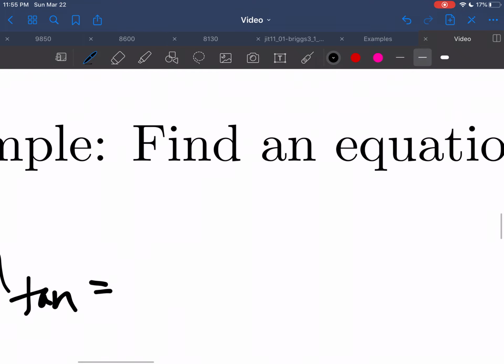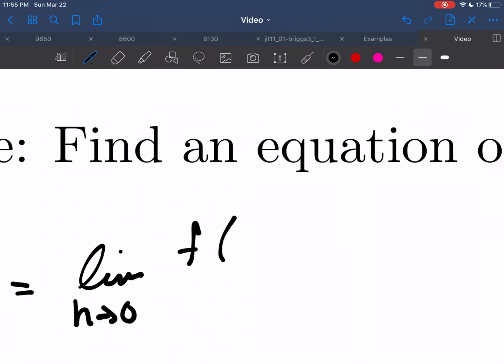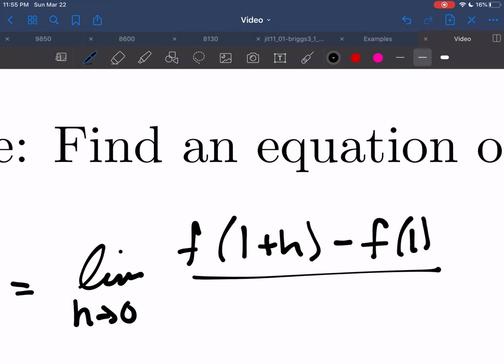And this time we're going to use our new instantaneous rate of change definition. We can use either one, but I want to show you how this one works. So in this case, we're looking for the limit as h approaches 0 of f of a plus h. We know that our a is 1. Okay, so we have the limit as h approaches 0 of f of 1 plus h minus f of 1 divided by h.